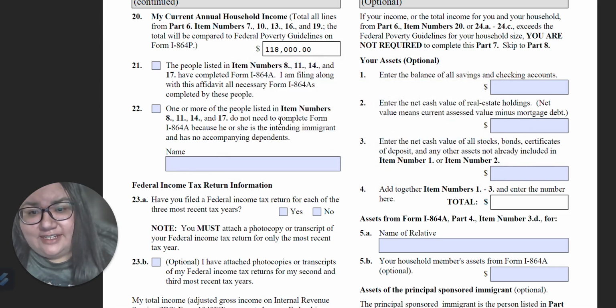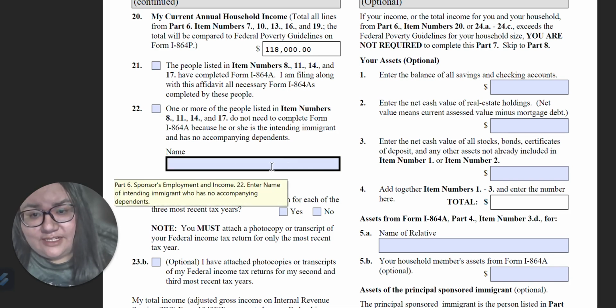All right, so again, just note that if our scenario was different and Fulanita, the beneficiary, needed to combine her income with her petitioner Jose, we would check off 22. We would input Fulanita's name here and she would not need to fill out form I-864A.